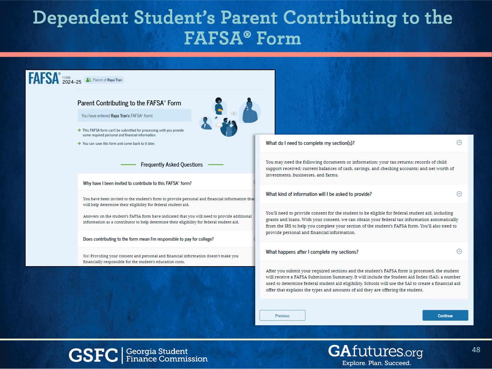The FAFSA will then provide some onboarding items with some frequently asked questions and will also state that the FAFSA form will not be processed until the parent completes their sections, provides consent, and signs the form.